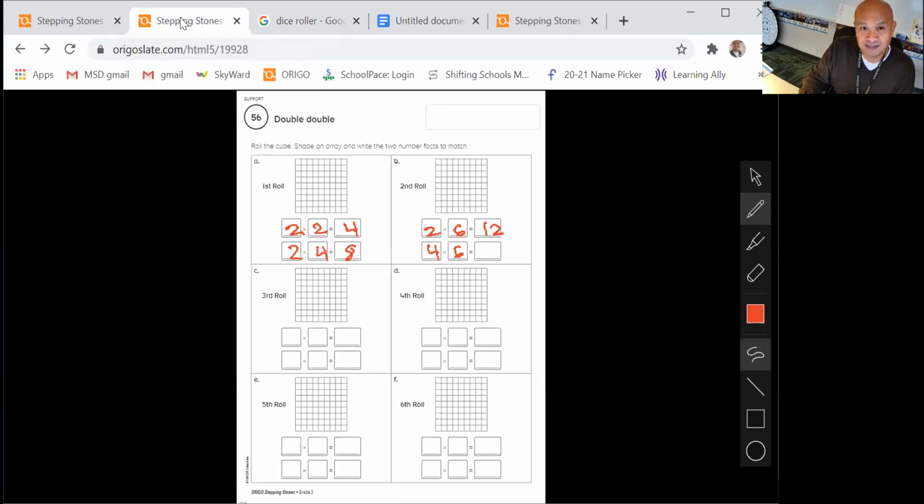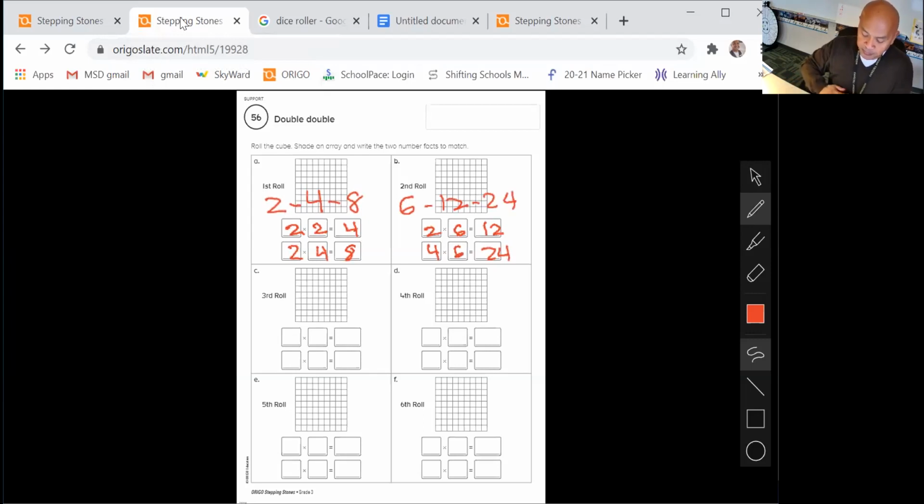It's kind of hard, but if you know this, you get 24. Okay, so one thing I want you to see is that all of these have, it's called the double double. We start off with 2, we double that, we get 4, double 4, we get 8. Here we start off with 6, double that, we get 12, double that, we get 24.